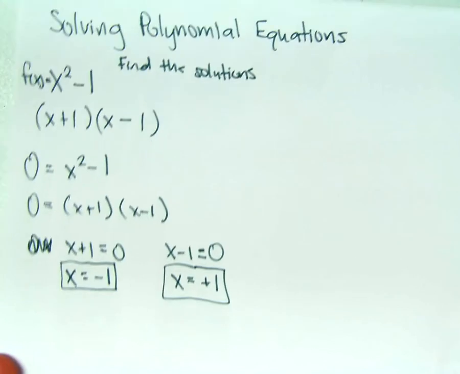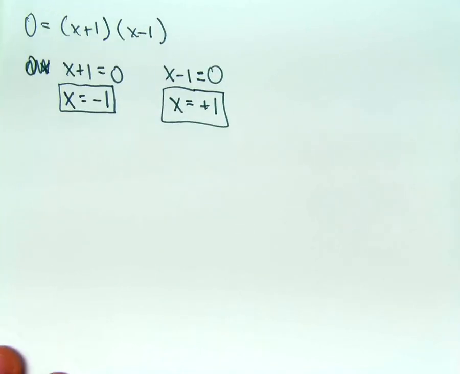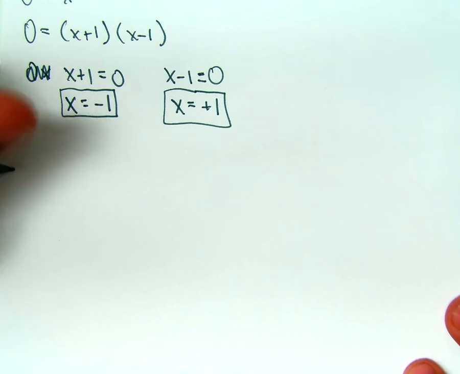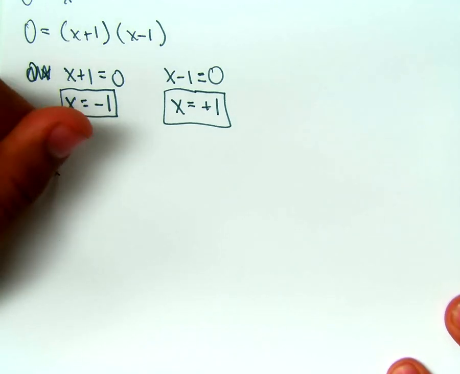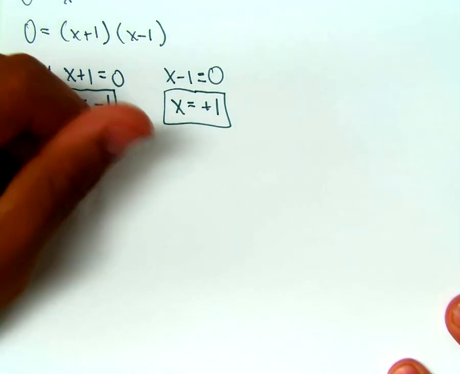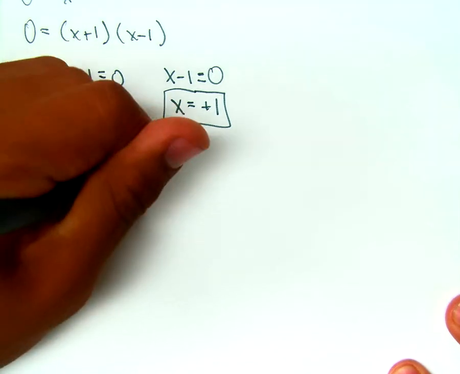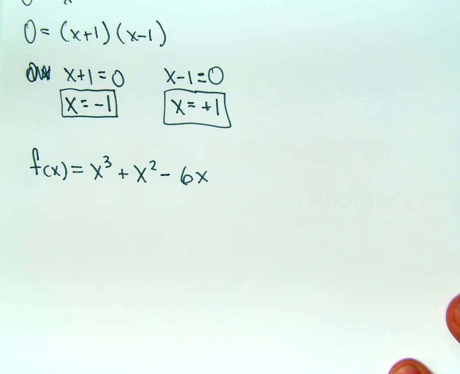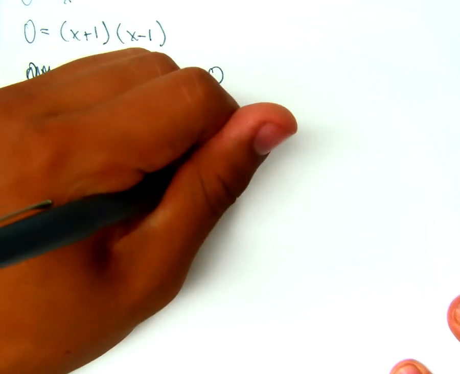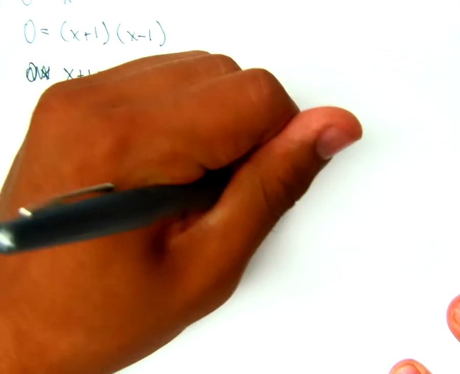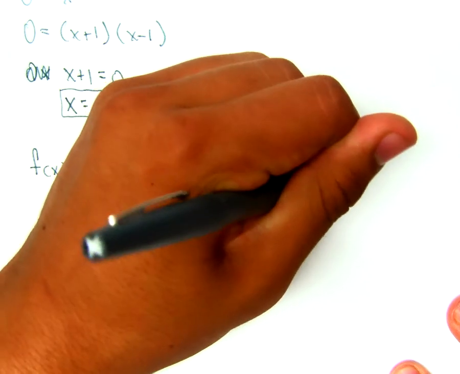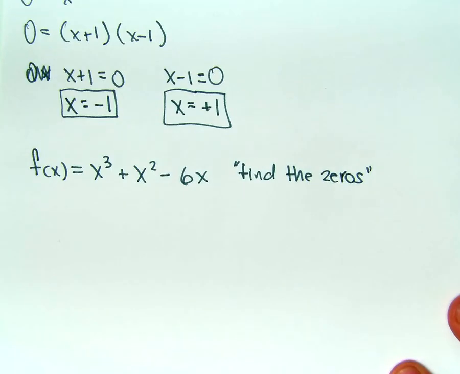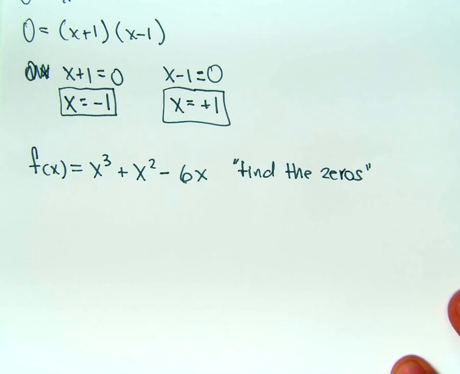Alright, so just to work another one of these, if we're given the function x cubed plus x squared minus 6x, and we're asked to find the zeros.